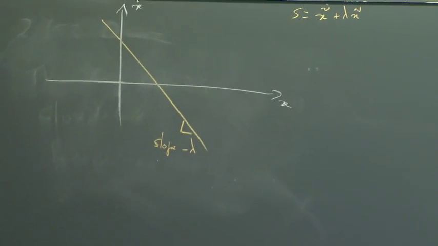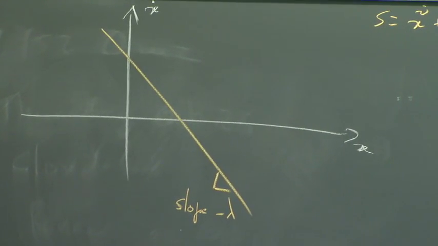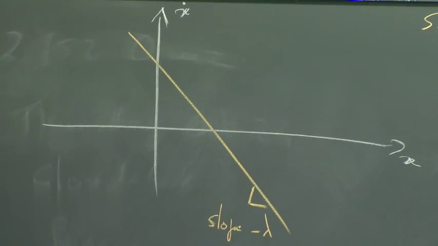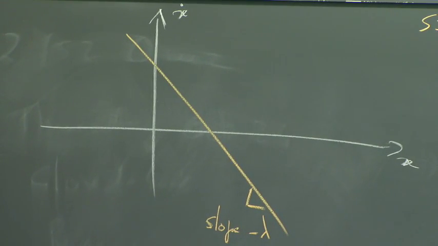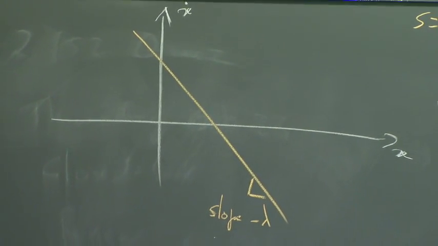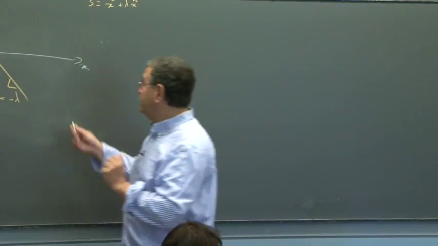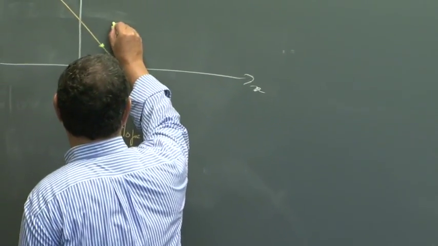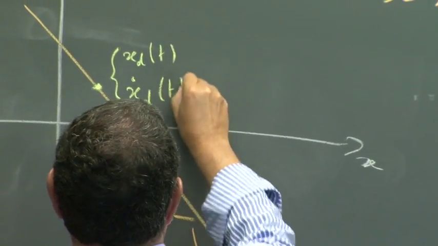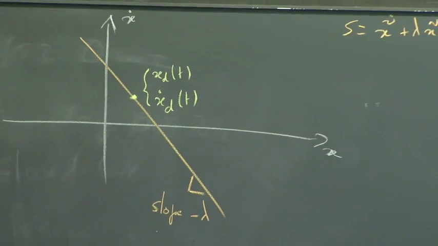And what else can we say if we want to construct this line? We have the slope, so we need one point. What's one point that belongs to this line? The origin? No, not the origin actually. But xd. This point xd of t, xd dot of t belongs to this line, because then x tilde and x tilde dot are both 0.